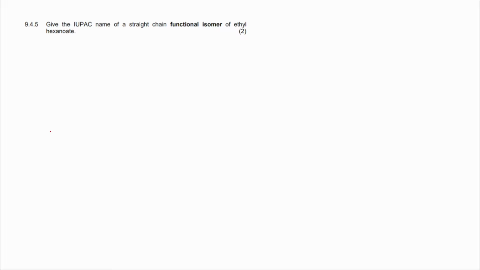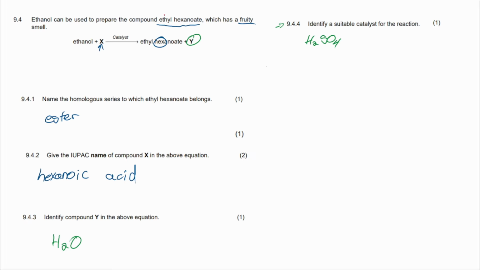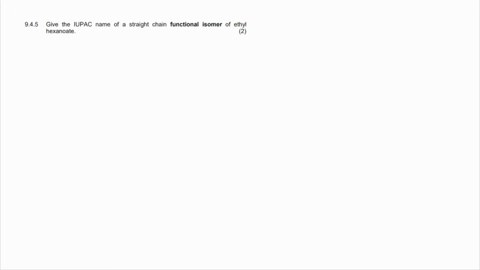Esters are functional isomers of carboxylic acids. But let's figure it out. So ethyl, how many carbons in that? 2. Hexanoate, how many carbons? 6. Hexagon. So we need a carboxylic acid that has a total of 6 plus 2, 8 carbons. So if we have a carboxylic acid with 8 carbons, spoiler alert, octanoic acid. All right. Octanoic acid.